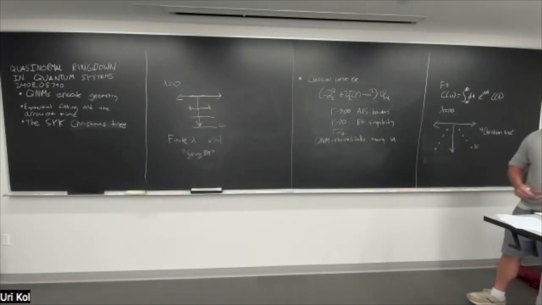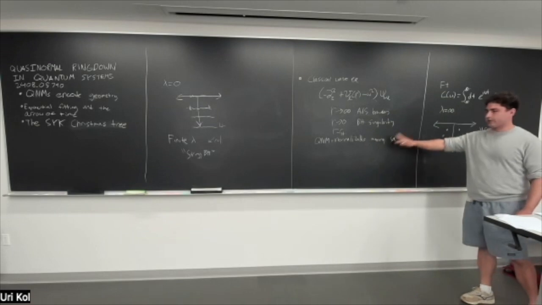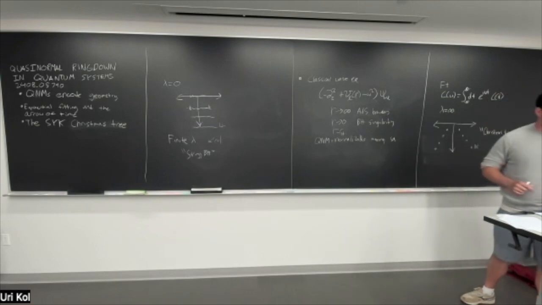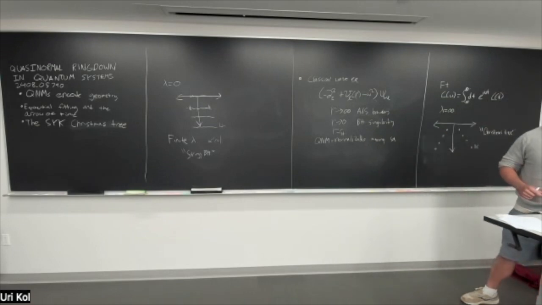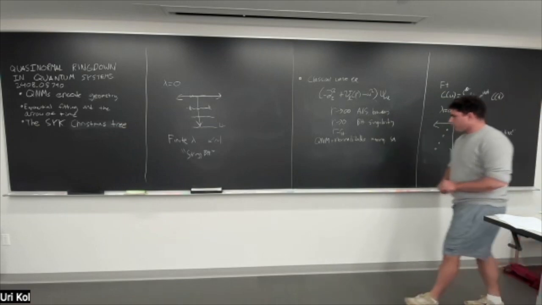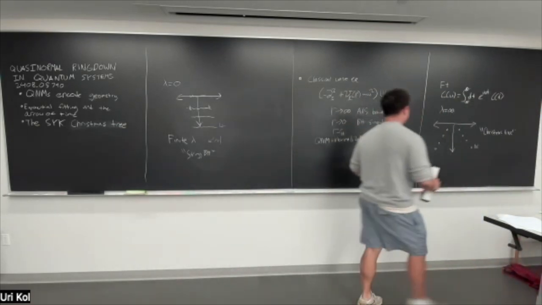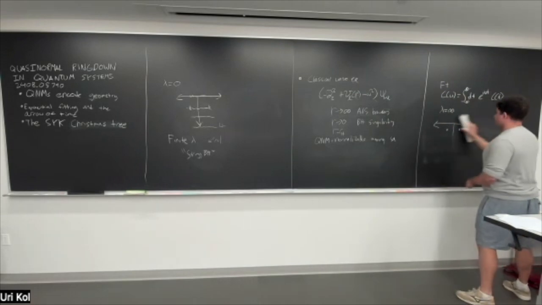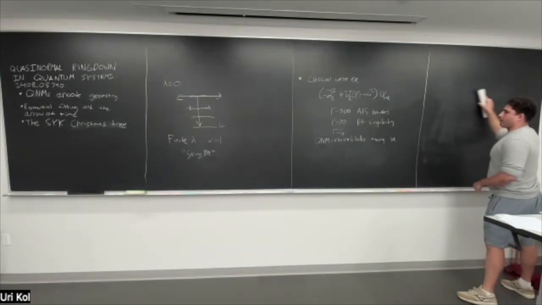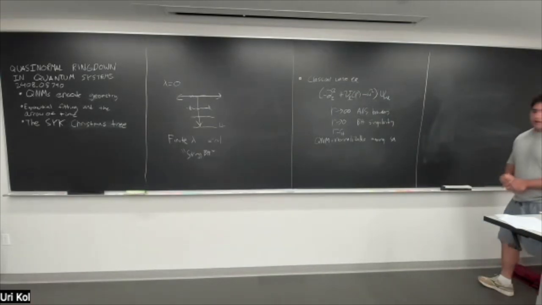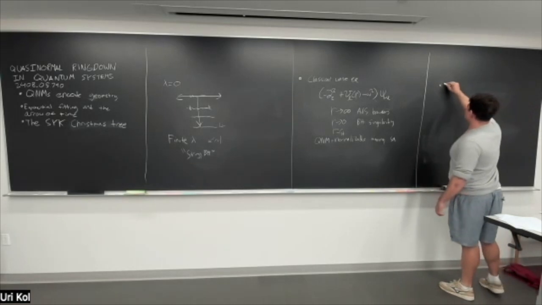You would make a very similar definition in asymptotically flat black holes, but the boundary conditions at infinity are slightly different. So I'm going to tell you a few examples of these quasi-normal modes, and how they encode the black hole geometry. The first example is this Christmas tree.